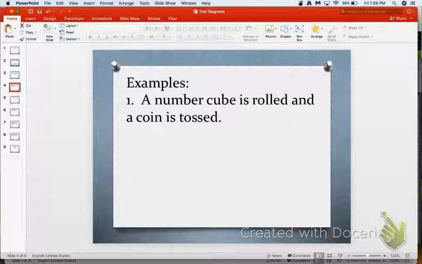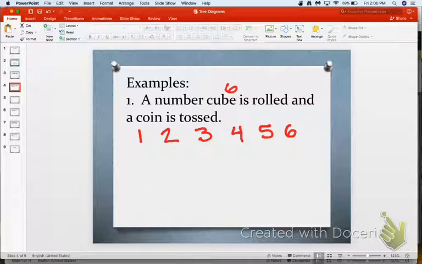So here's an example. I have a number cube and it's rolled, and then I have a coin and it's tossed. So the first event that happens is I've got this number cube. A number cube has 6 options. So I know I'm going to have 6 numbers. I could get a 1, a 2, a 3, a 4, a 5, and a 6.